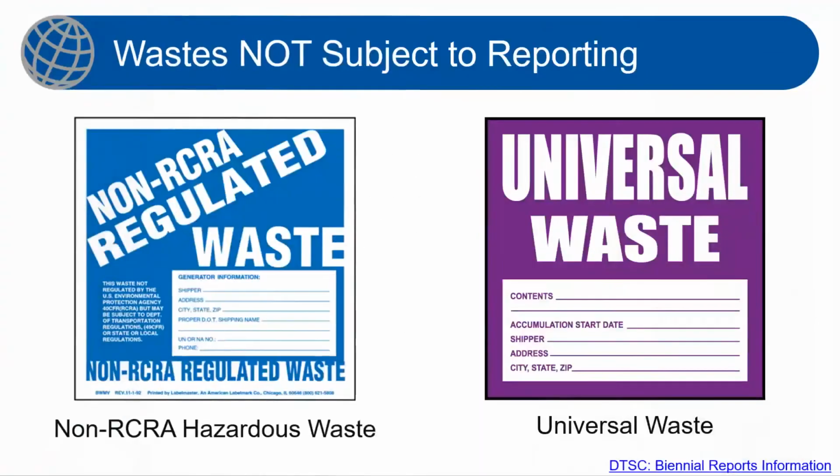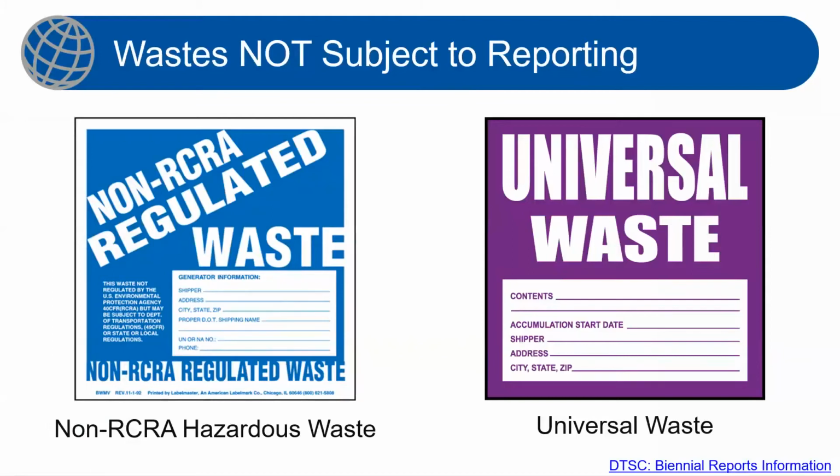Now, when we talk about biennial reporting, and determining whether or not we're subject to that biennial reporting, it is all based on RCRA hazardous waste, non-acute and acute RCRA hazardous waste.